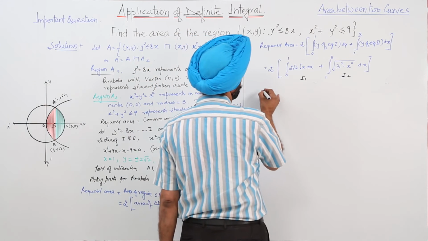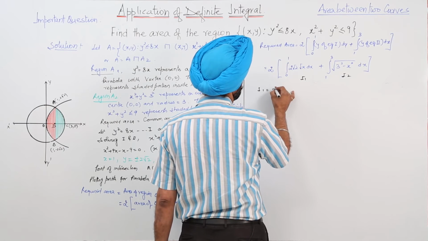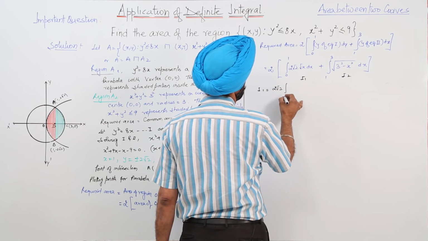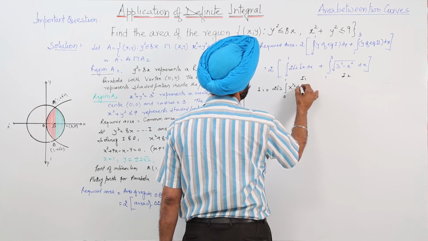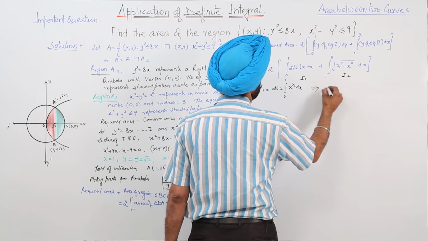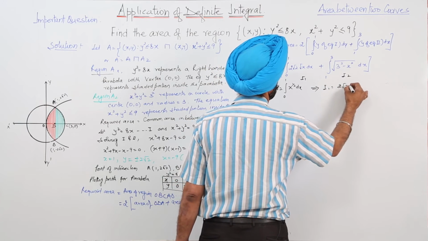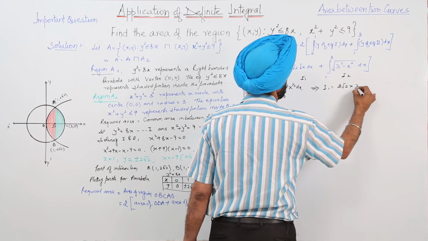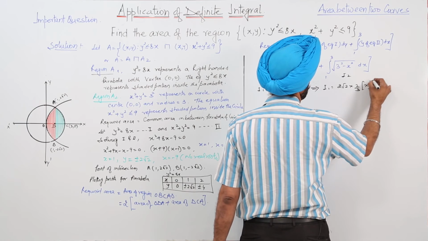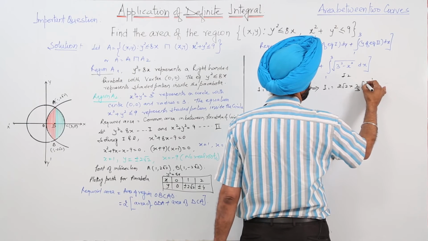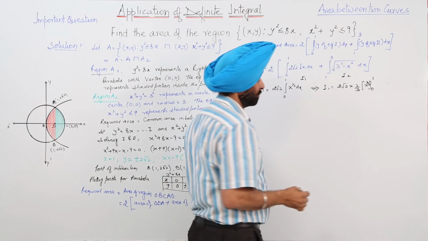So let's go for I1 first. I1 is equal to 2 root 2 times the integral from 0 to 1 of x raised to power half dx. Now this implies I1 is equal to 2 root 2 into 2 by 3 x raised to power 3 by 2 with limits 0 and 1.